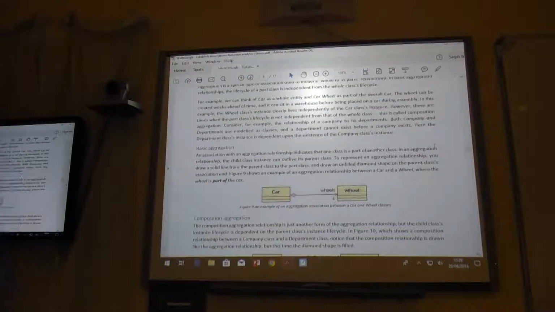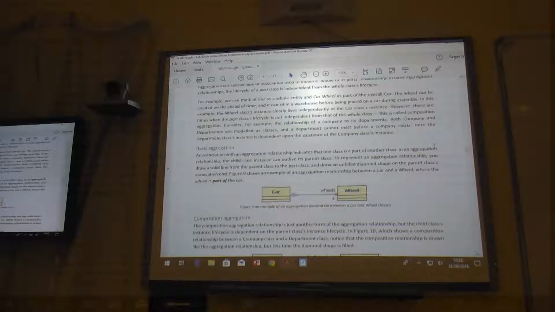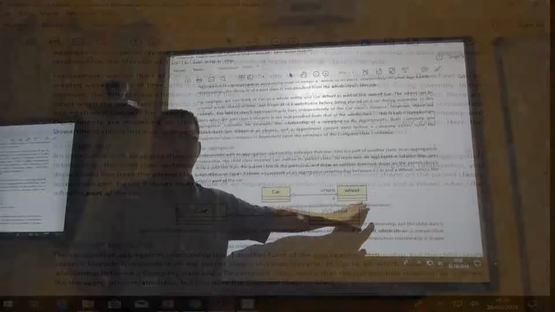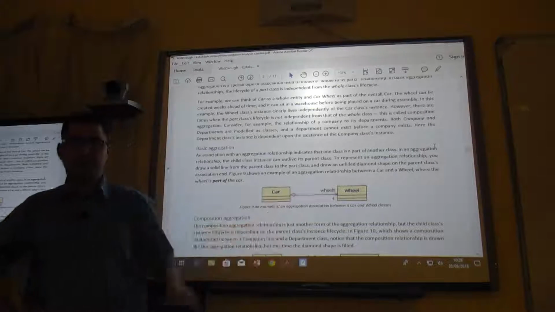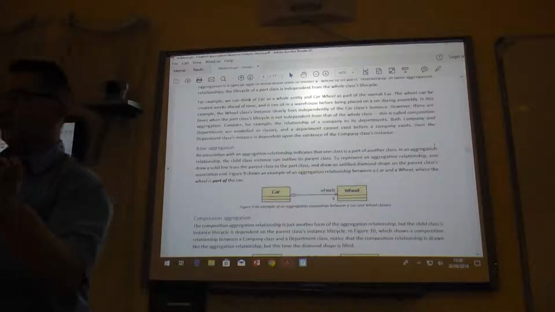So if you look through your documentation and you see the phrase "is part of" or "part of", you start to realize that objects of this thing are part of that thing. It may start to point you in the direction of aggregation and even composition.